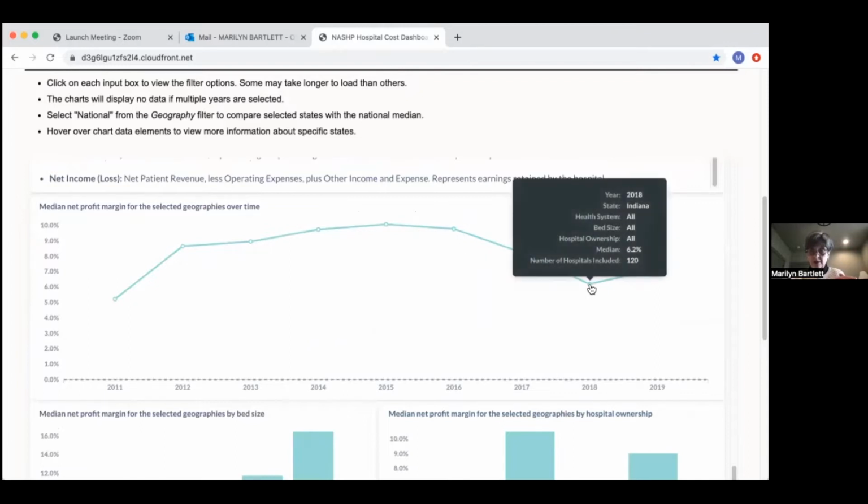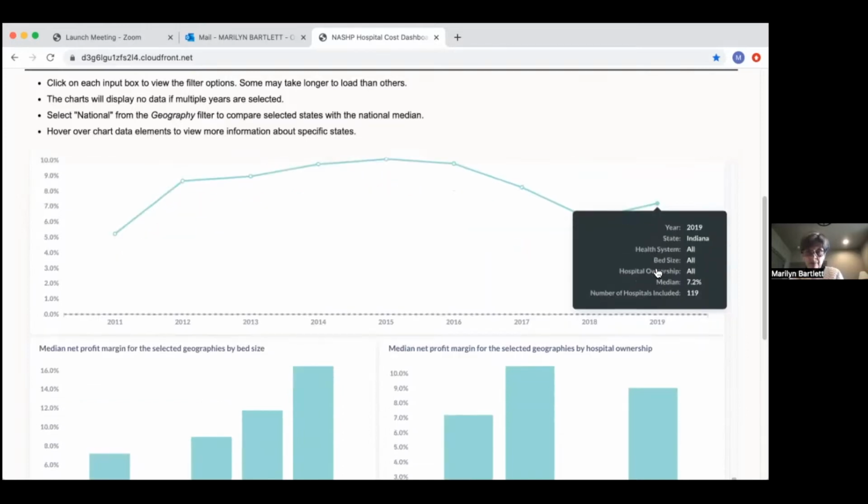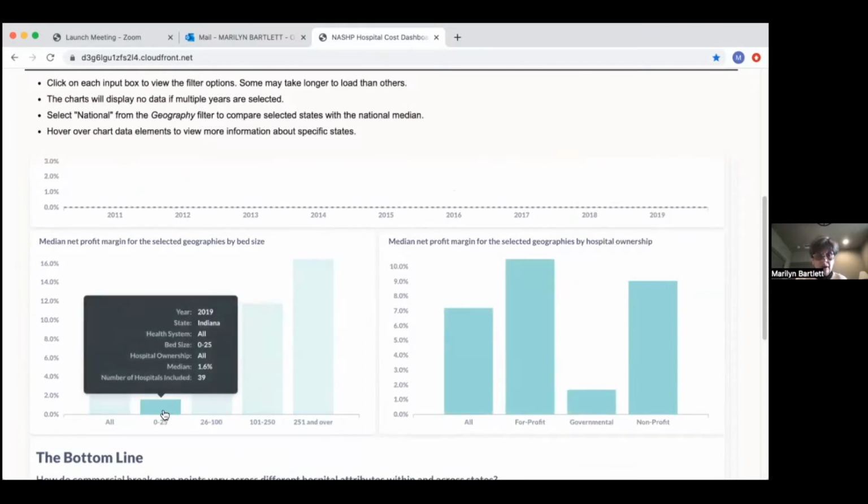We saw a dip in 2018, and that actually came when we dug further from an accounting entry done by IU Health, but it's such a large hospital that it had that impact. And then we see in 2019, the median is a 7.2% profit margin. Again, breaking it down, the smaller, it's 1.6% for your critical access hospitals, your 0 to 25 beds.